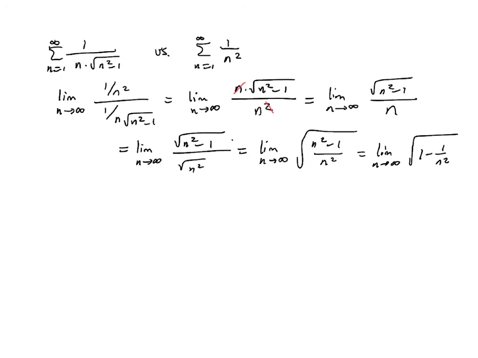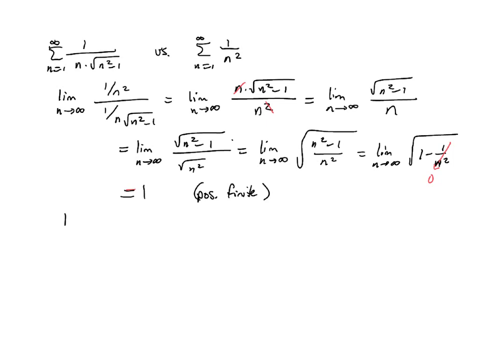And as n goes to infinity, this bit goes to 0, and so we end up with this limit equals 1. I realize that n squared there got garbled. So that limit is positive and finite.